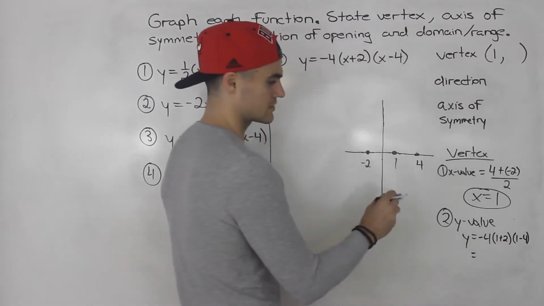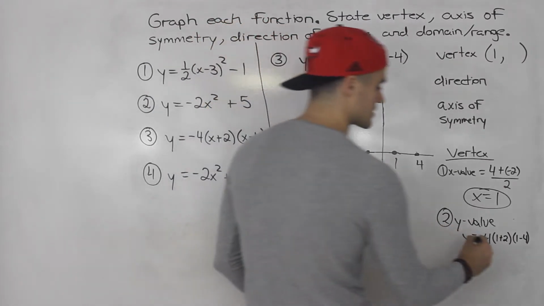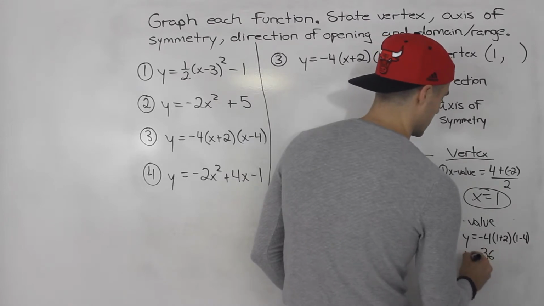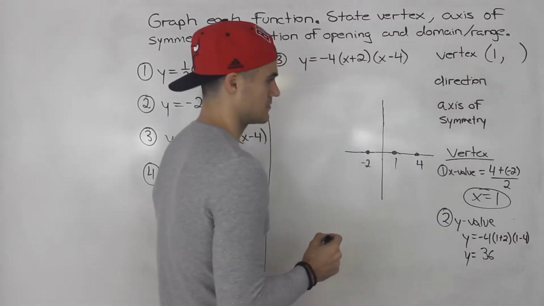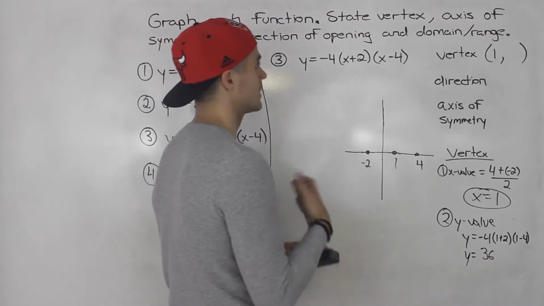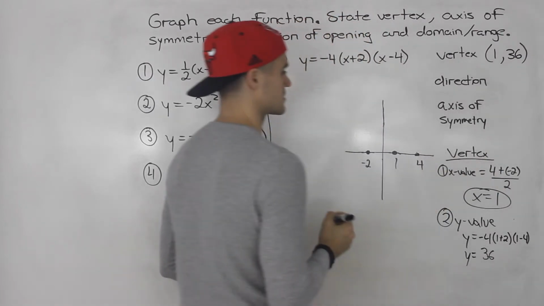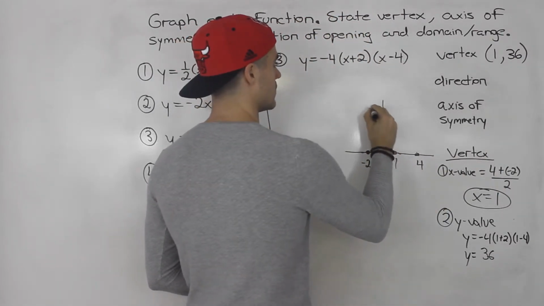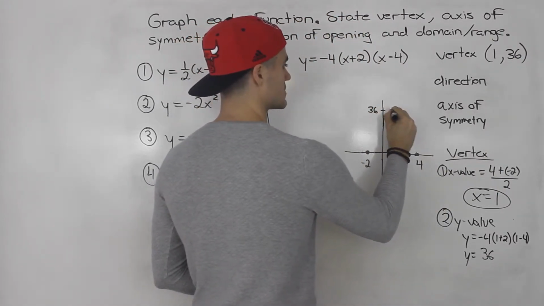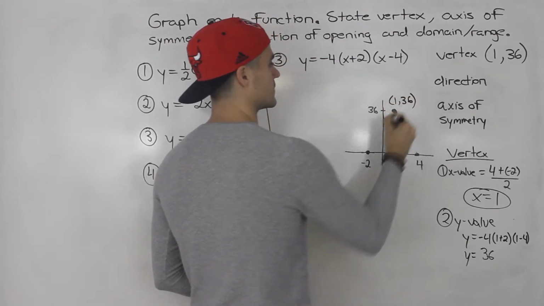So negative 4 times 3 gives us negative 12, times negative 3 gives us positive 36. Let me just double check that. Negative 4 times 3 is negative 12, times negative 3 gives us positive 36. 1 and 36, so the vertex is actually up here. The coordinate is (1, 36).